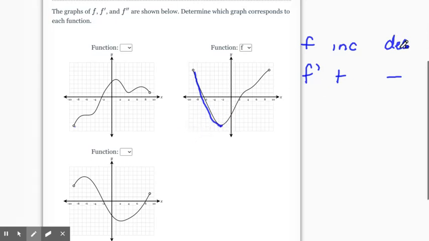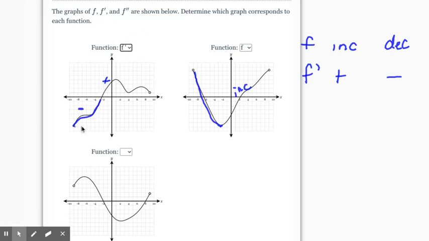If the function is decreasing, then I need to look for where the derivative would be negative for that same interval of x, so from -9 until about -2.5. Oh, look, this graph is negative until about -2.5. And then it's positive after that. And then the function would be increasing, and the derivative would be positive. So I'm thinking that's the function, and this could be its derivative.